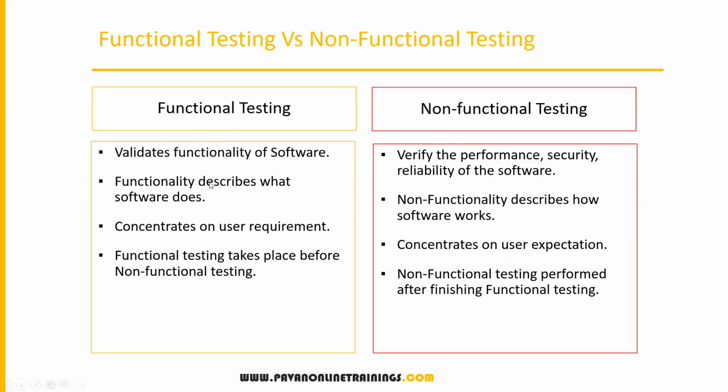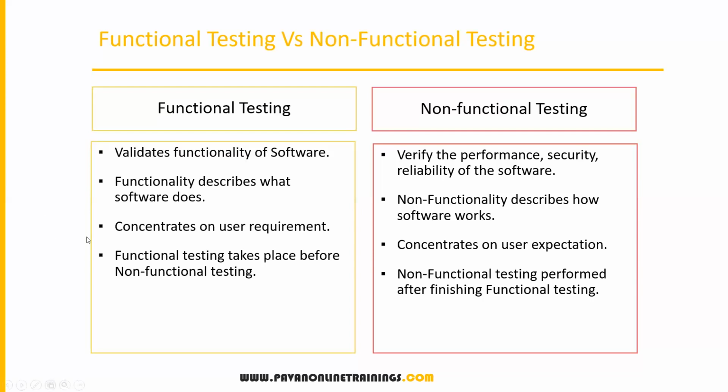Functional testing mainly describes what the software does, but non-functional testing describes how the software works. Functional testing concentrates on user requirement, but non-functional testing concentrates on user expectation. And functional testing takes place before non-functional testing, which is performed after finishing functional testing. These are the differences between functional and non-functional testing.